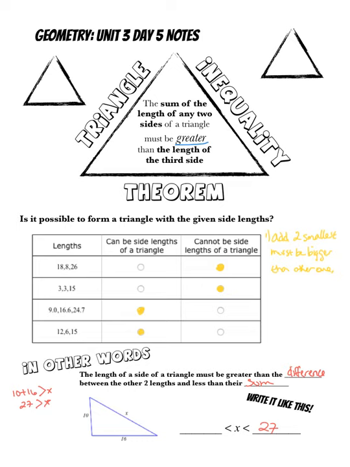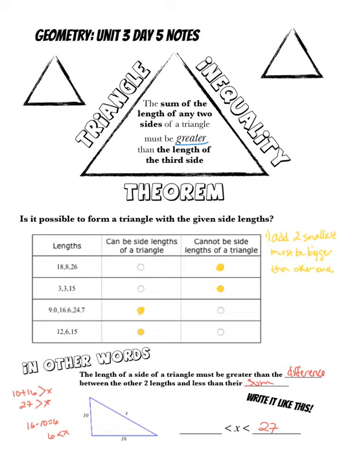So it has to be less than their sum, and then it must be greater than the difference. Well, what's the difference? 16 minus 10 equals 6. So x has to be greater than 6. Because if x is 6, 10 plus 6 is 16. That's not a triangle.